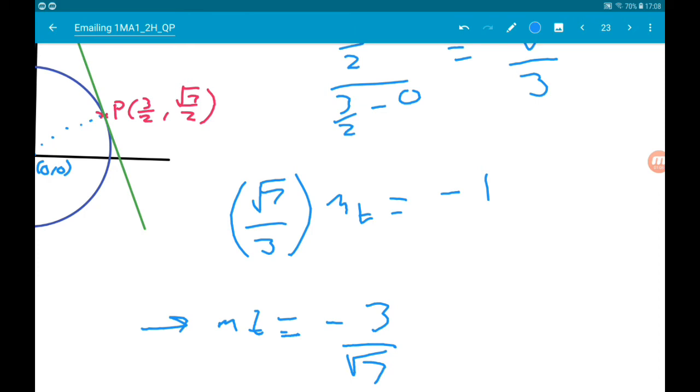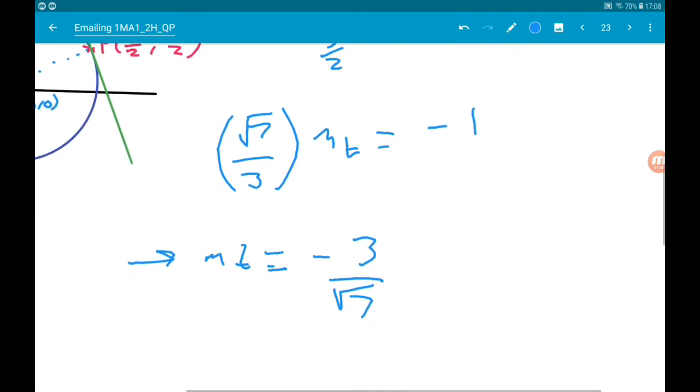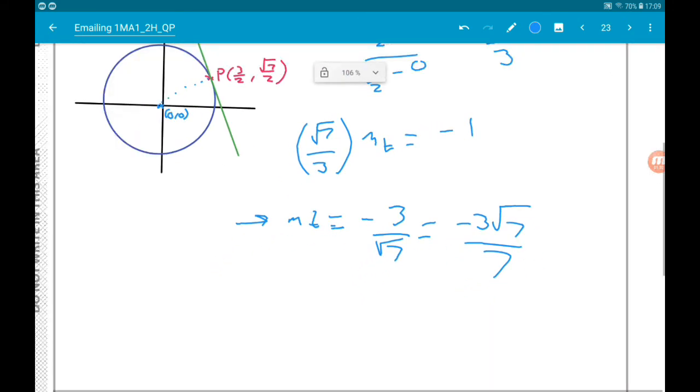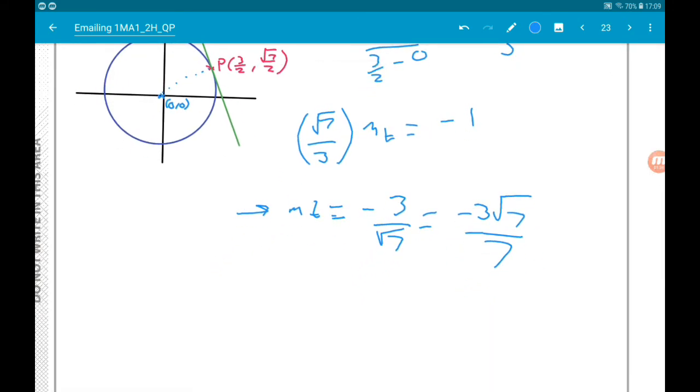Now, in general, we don't like surds on the bottom of fractions, so we're going to rationalise that. Multiply through the top and bottom by root 7, and we get -3 root 7 over 7. So we now know the gradient of the tangent. Now the general equation of the straight line is y equals mx add c.